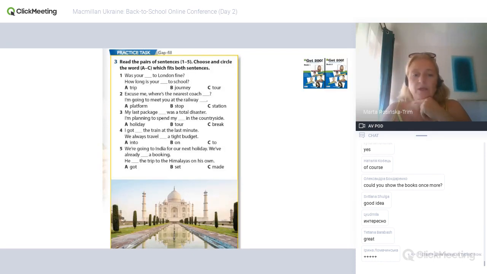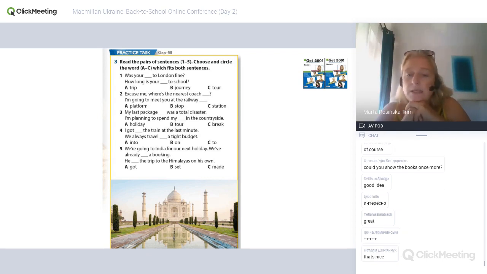Now, collocations are obviously tremendously important, because in most state school exams across the world, there are multiple choice tasks where students are asked simply to choose the right answer based on the collocation type. Like in this case, for example, the success of how you do in the exam depends on whether you know how certain expressions work in English or you don't.